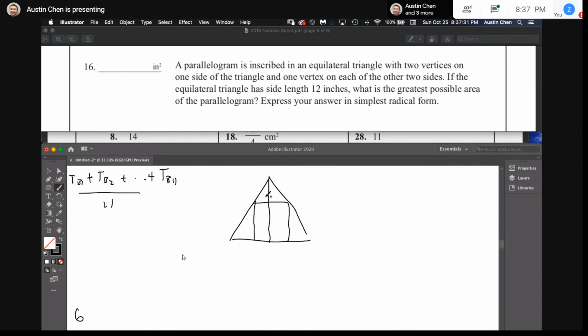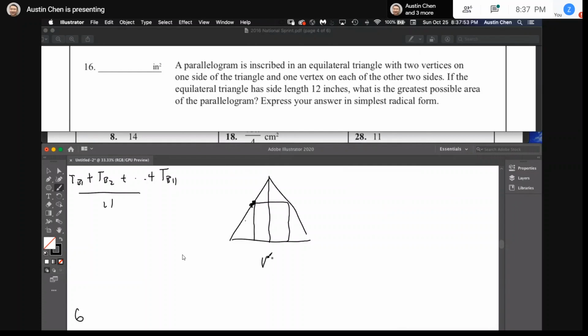Now, where are the areas of these two triangles going to be minimized? It's going to have to be at the midpoint of this line.